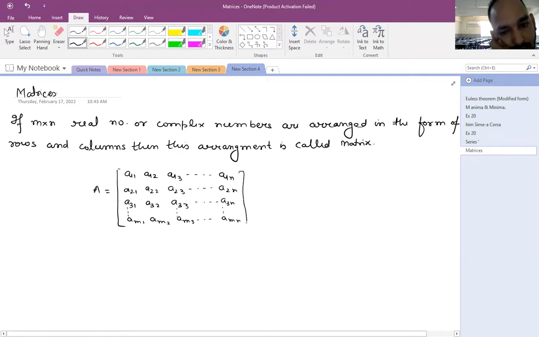This is the matrix. It has m rows, 1, 2, 3, up to m, and n columns, 1, 2, 3, up to n. So m rows and n columns. This is called the order of the matrix.